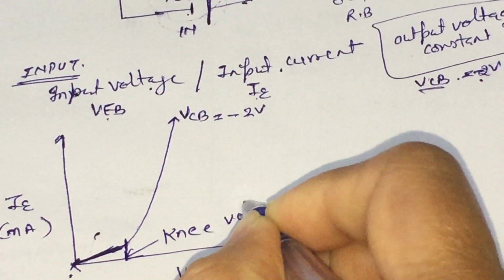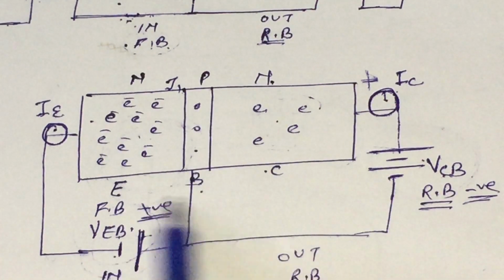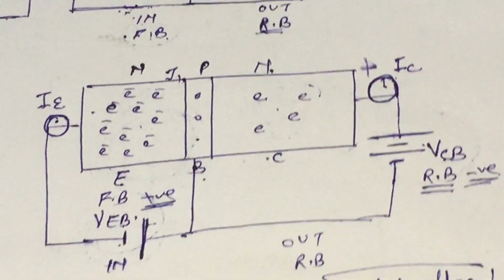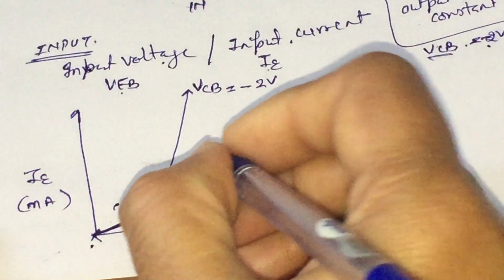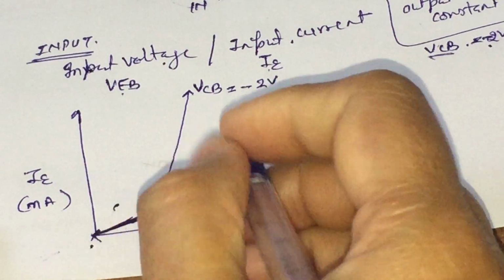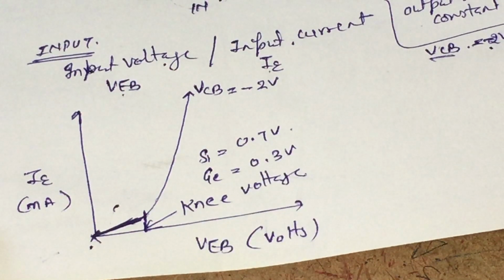Knee voltage depends upon the type of wafer the transistor is made of. If it is made of silicon, the knee voltage is 0.7 volt, and if it is made of germanium, it is 0.3 volt.